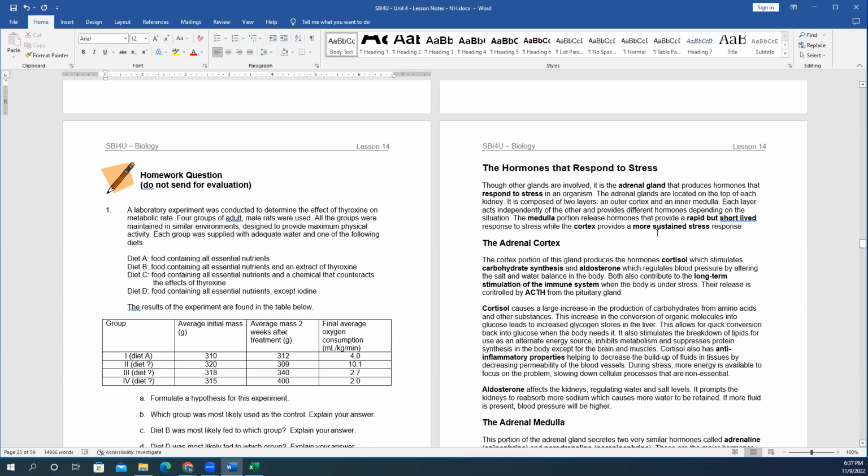And the adrenal gland is located on top of the kidney. If you remember back when we were talking about the kidney in our previous lesson, we talked about the word renal, renal artery, renal vein. Renal means having to do with the kidney, and so the adrenal glands are located right on top of the kidney.